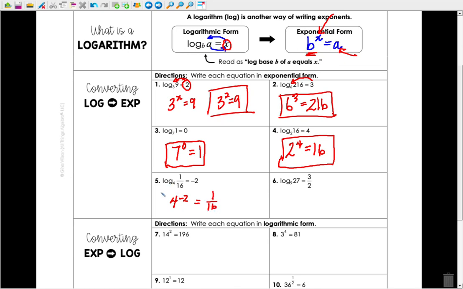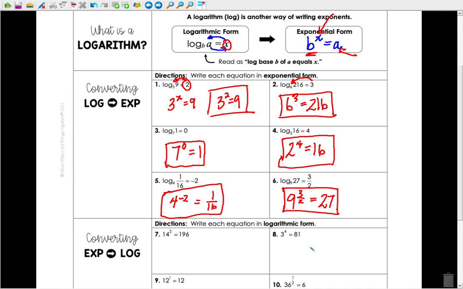You can put that in your calculator to check that. And this one is basically saying 9 to the power of 3 over 2 is 27. And all of that is, in fact, true.